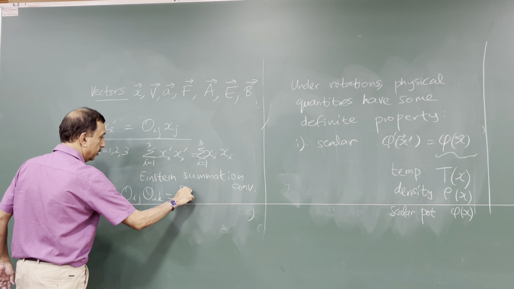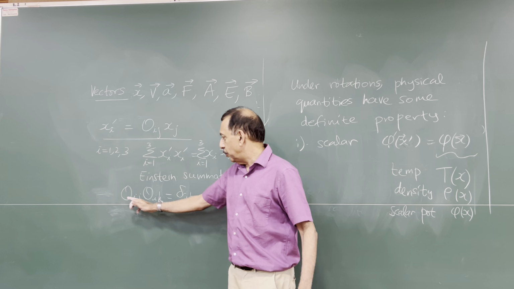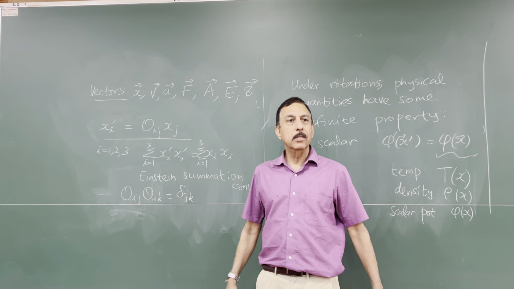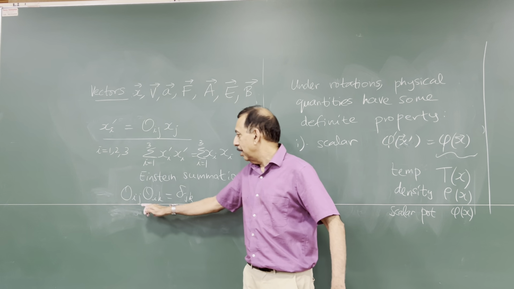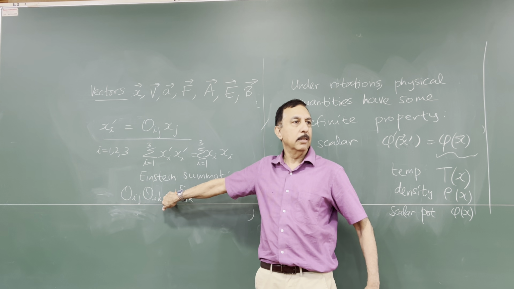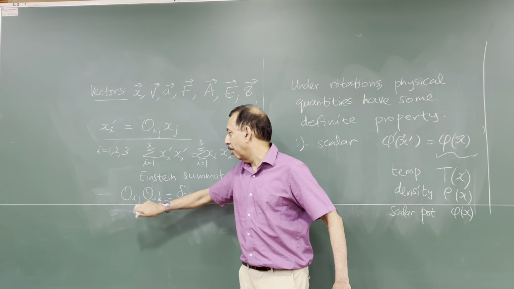Now, when I have an object with two indices, it's just a matrix. It's a 3 by 3 matrix, and this product O_ij O_ik is not a matrix product. A matrix product is always done by writing one index, next index, then this index same as this one, and then the last one is different, and then I sum over the common index.